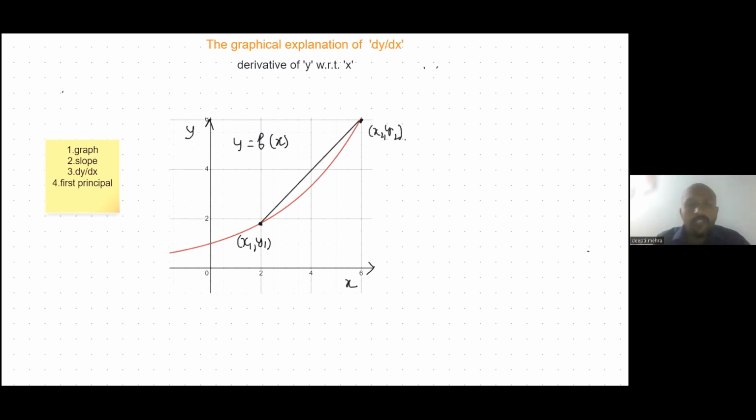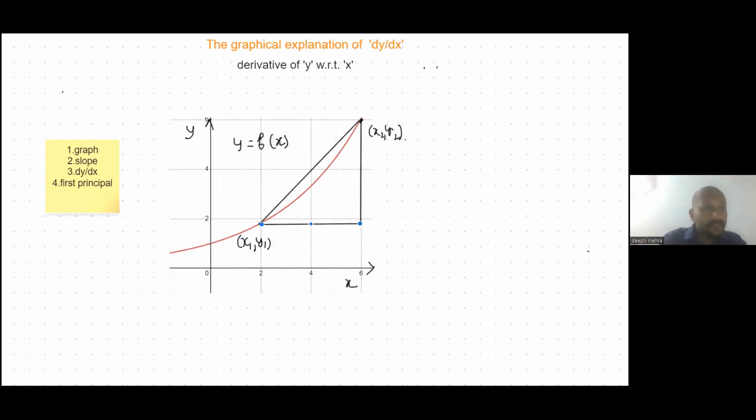So what does this slope tell me? The slope basically tells me the change in y with respect to the change in x.